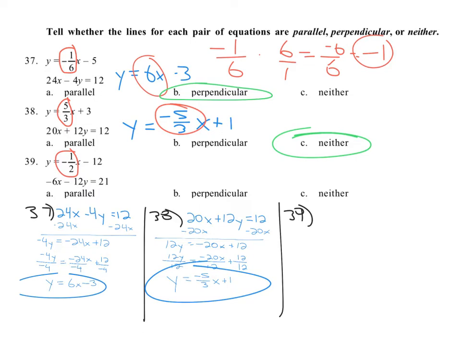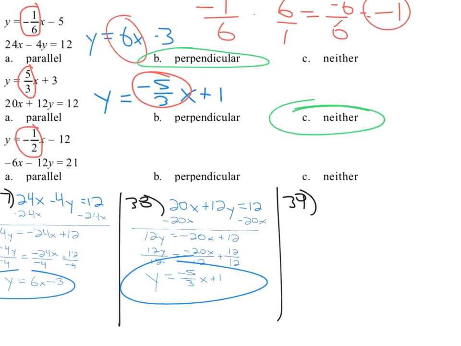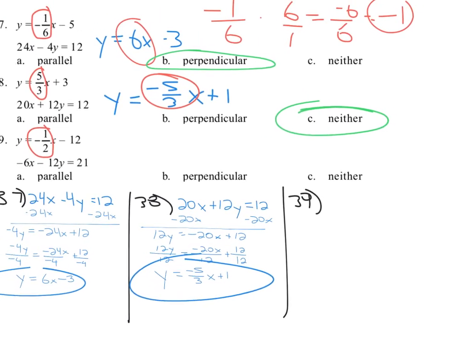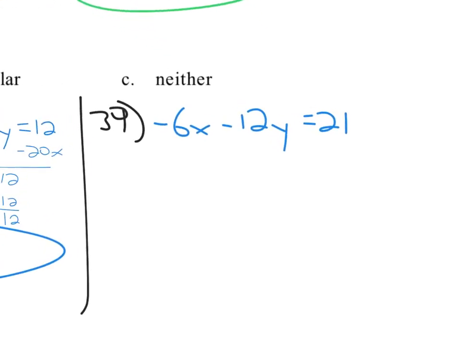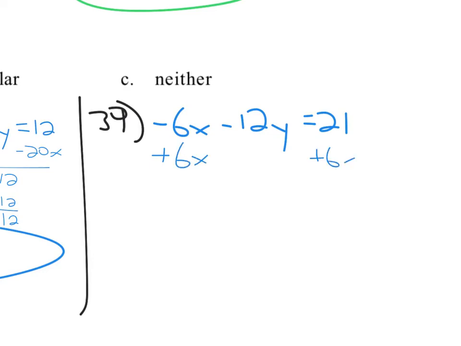Okay, and finally we're going to do the same thing for number 39. We're going to copy the equation, negative 6x minus 12y equals 21. Okay. Solving for y, we say, okay, we got to get that 6x to the other side.